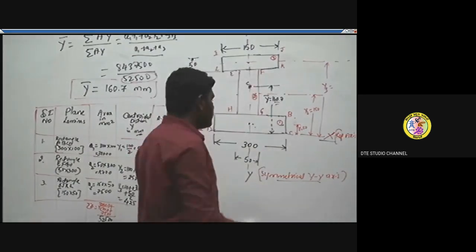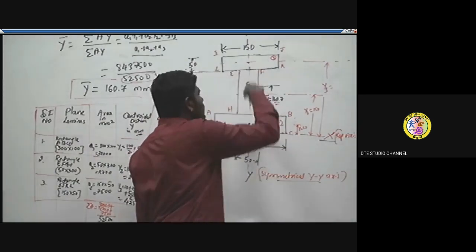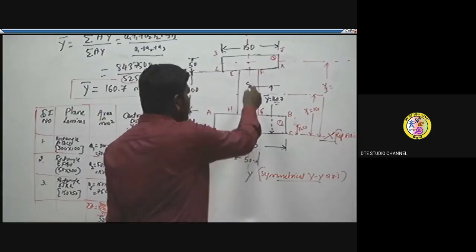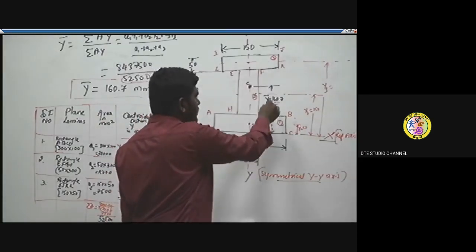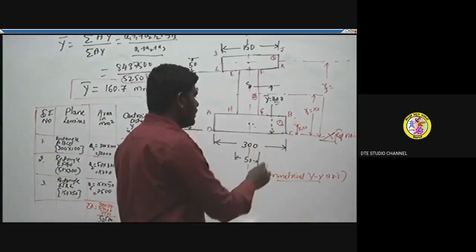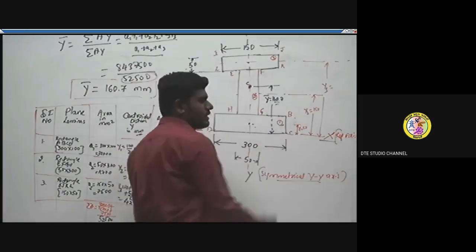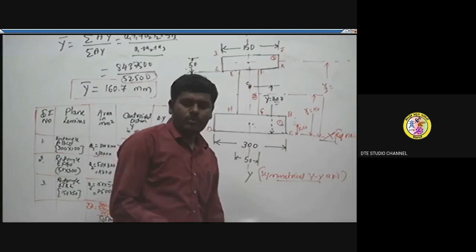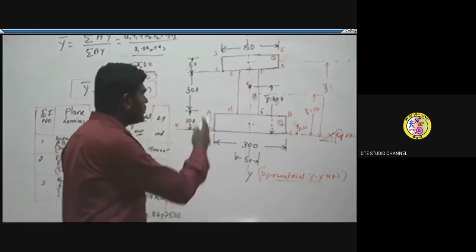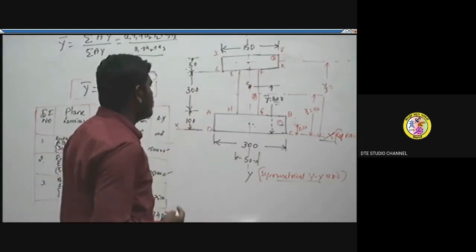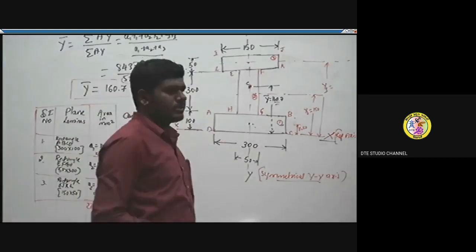So the centroid for this given I section is located at a distance of 160.7 mm from the bottommost line, that is from the reference axis x. Thereby we located the position of the centroid for this given I section lamina.